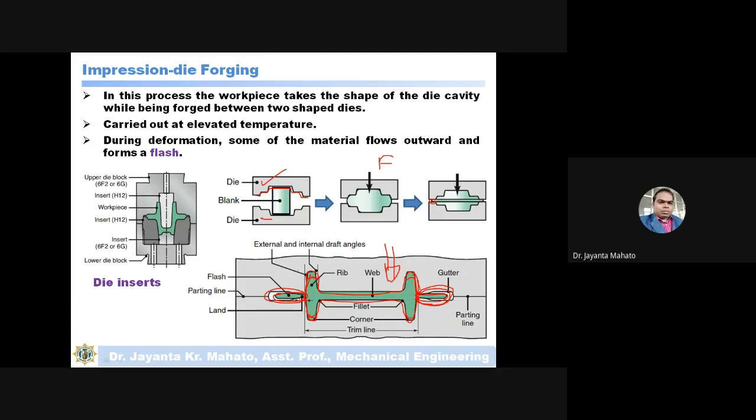After the forging operation, this flash can be trimmed out, meaning you can remove it from the desired product.